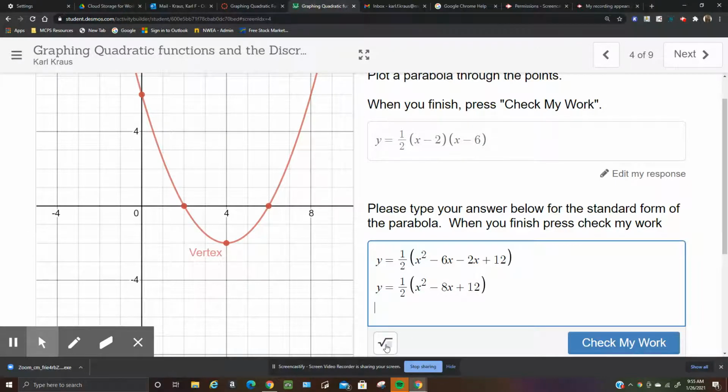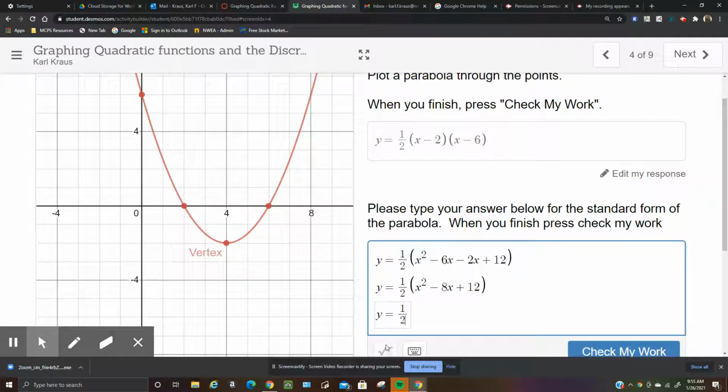And finally distribute the 1/2: 1/2 x squared minus 4x plus 6.